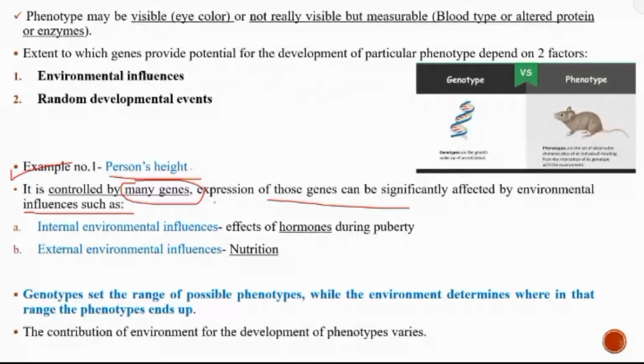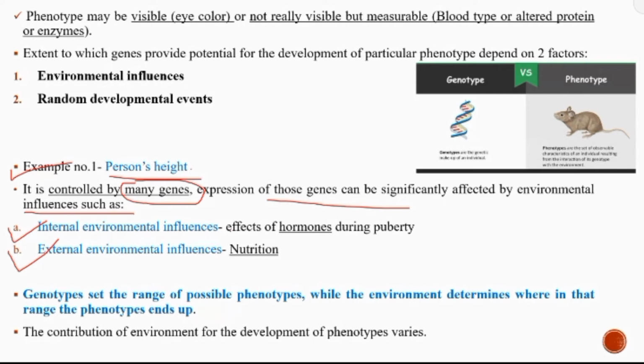Even if the parents are tall, as you have seen in humans, it is not necessary that their kids will be tall; the height can vary. It is because this particular character is controlled by different genes and is also influenced by environmental factors. Those environmental factors can be internal or external.